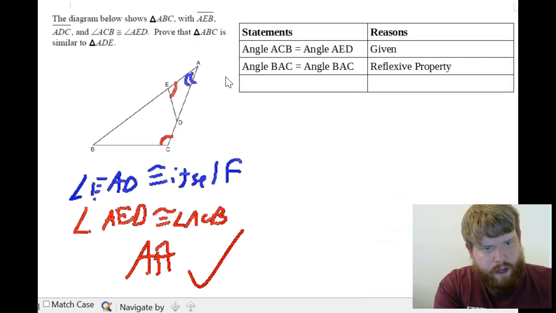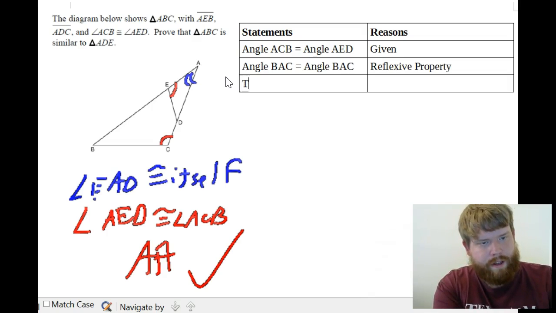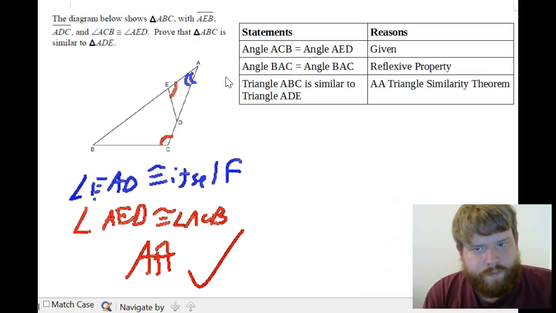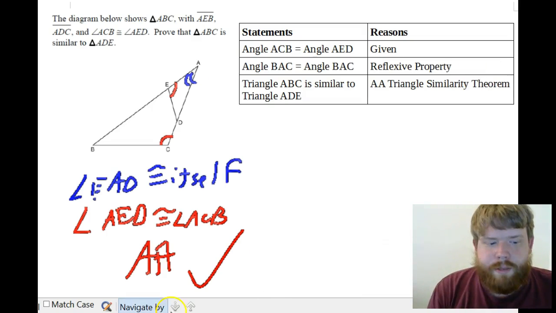And that's it, basically. That's our A and that's our A. So now we can go ahead and say triangle ABC is similar to triangle ADE by the AA triangle similarity theorem. All right, that's our first similarity proof done.